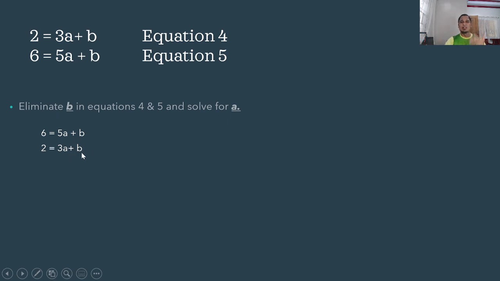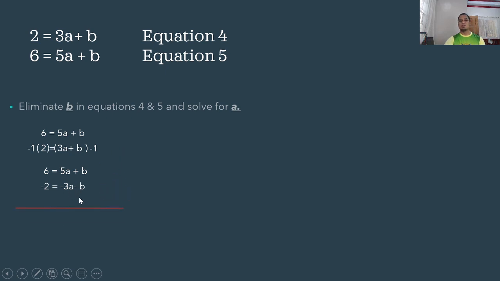As I told you, one should be positive and one negative. So just like what we have done, we simply multiply both sides by negative 1. This one will be copied: 6 is equal to 5a plus b. For this one, all the signs will be changed. We will come up with negative 2 equals negative 3a minus b.